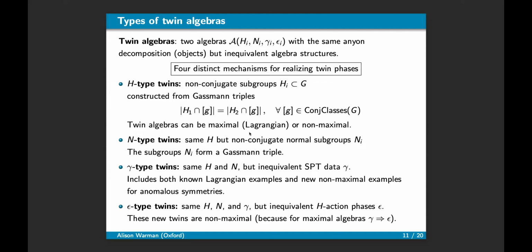We can also have gamma-type twins, and these are actually the only cases that were already known in the literature, when one considers H and N to be G. So one is looking at G SPT phases, labeled by trivial and non-trivial SPT, which coincide on commuting pairs of group elements. But we also found that we can have these gamma-type twins, even for non-maximal examples for anomalous symmetries. And finally, we can have epsilon-type twins, where all this data, H, N and gamma, is the same, but we have inequivalent epsilons. These give non-maximal twin algebras.